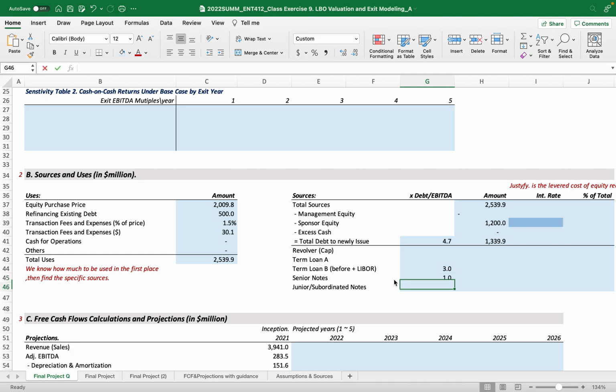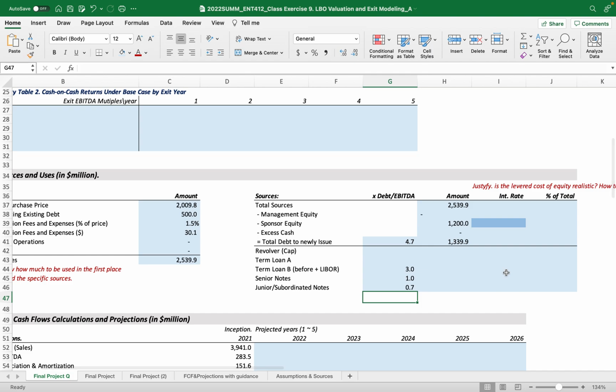And then this 1 times EBITDA is the senior note debt multiple, and the rest of the multiples is allocated to the junior subordinated notes, right? Again, which kind of debt you are going to use totally depends on your research.